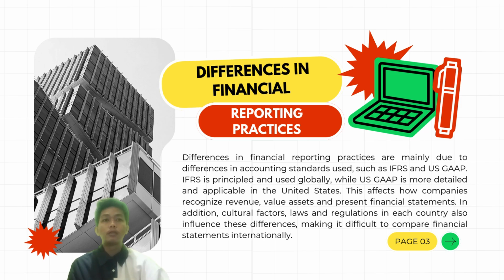So the first matter is difference in financial reporting practice. Difference in financial reporting practice are mainly due to difference in accounting standard used, such as IFRS and US GAAP.